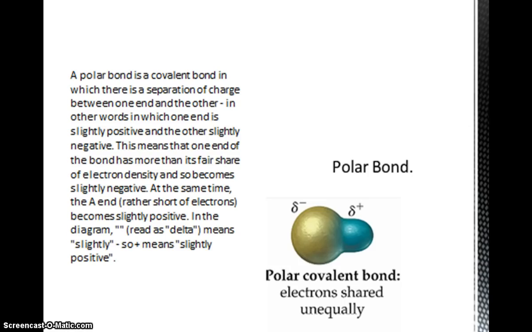At the same time, the other end becomes slightly positive. In the diagram shown, that means negative and positive, and that's an example of a polar covalent bond.